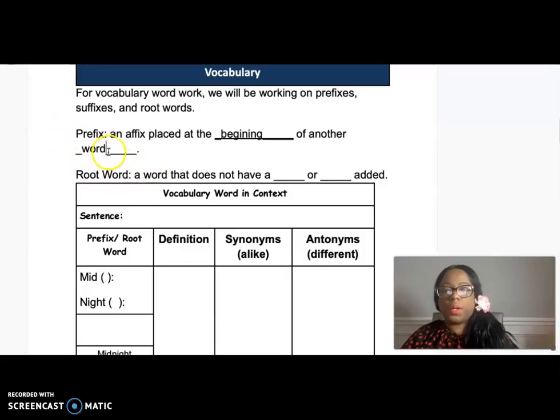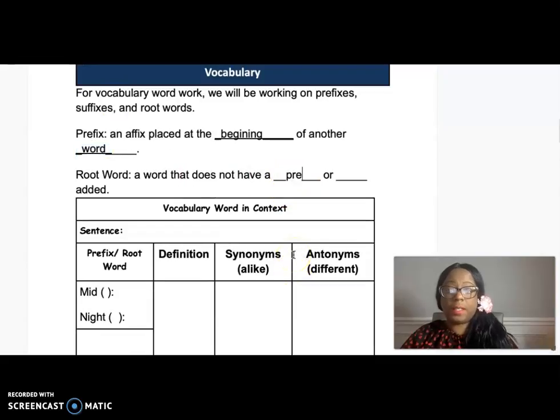Now, the root word is a word that does not have a prefix or a suffix added.